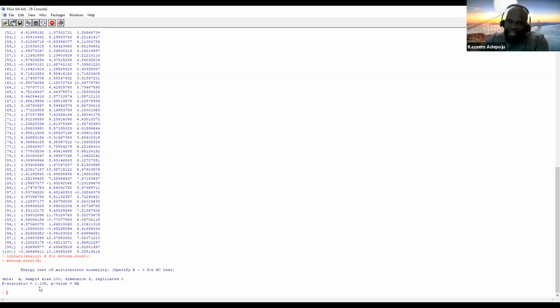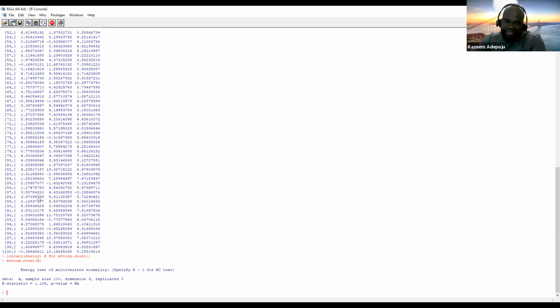When the F statistic value is very, very small, it's telling you that you can't reject the null hypothesis, because the critical value for F is going to be greater than this, since this is very, very small.